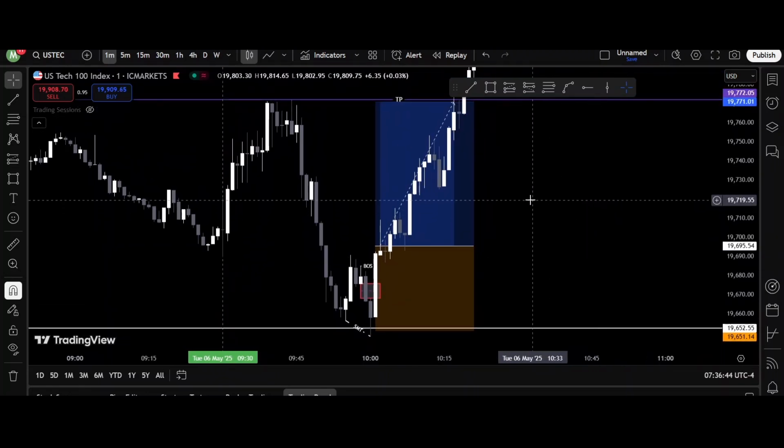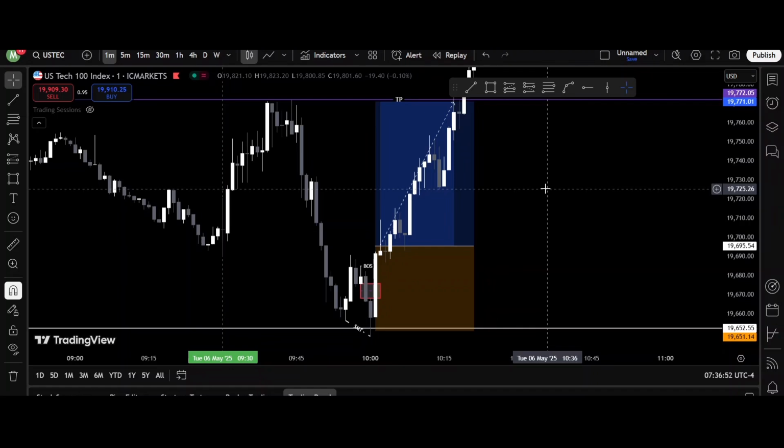And I take it off at, I will call it, my earliest exit point. So my runners will be for those that have higher confirmations, confluences, and stuff.